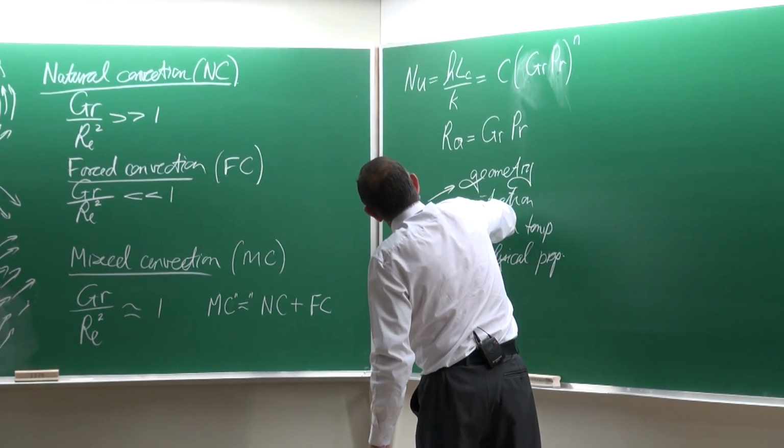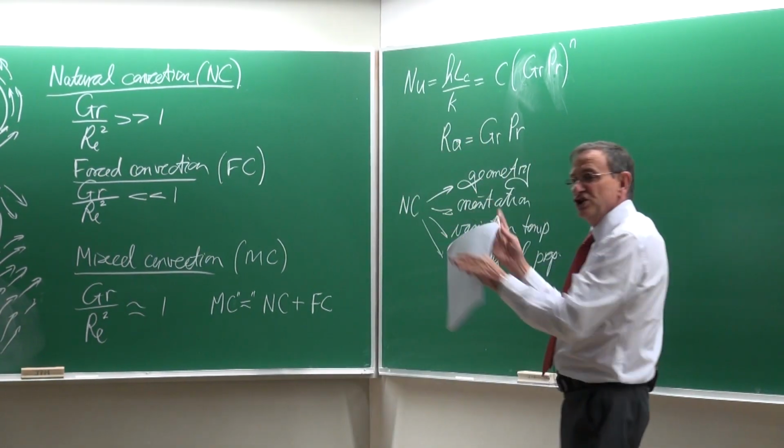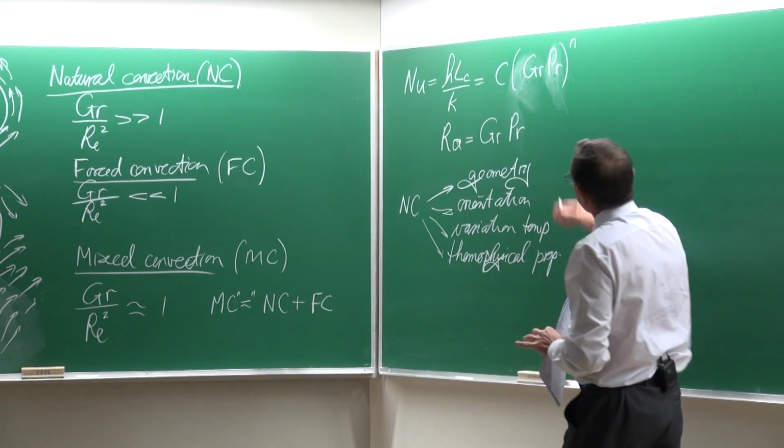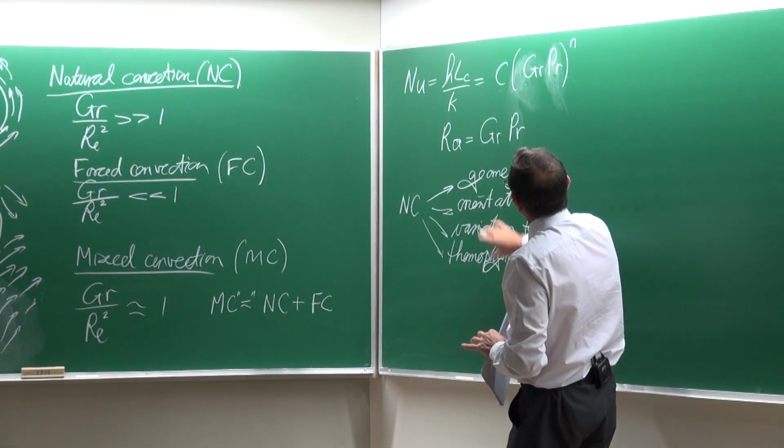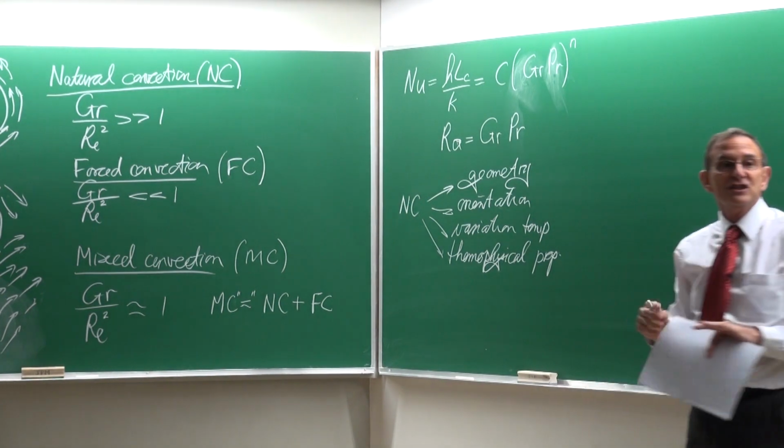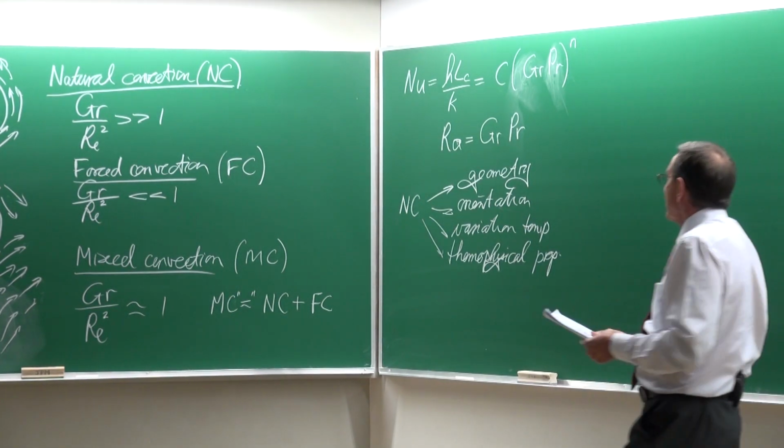And because we do not have the mathematical relationships for it, most of these values, the C and the n's, are determined from experiments.